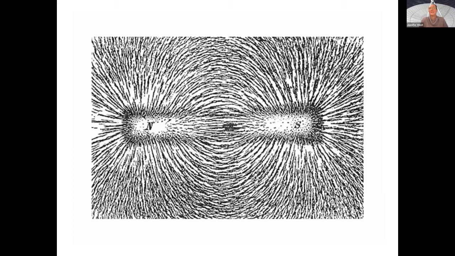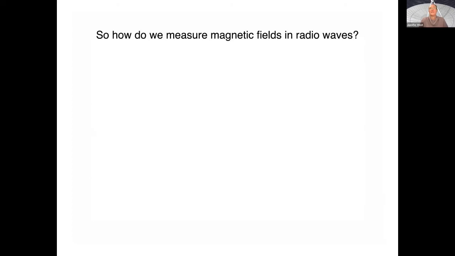So we can use some similar ideas to observe magnetic fields in space, specifically using radio waves. One of the properties that we use when we want to observe magnetic fields is the fact that radio waves coming from space, where we have magnetic fields, are polarized. What does this mean?